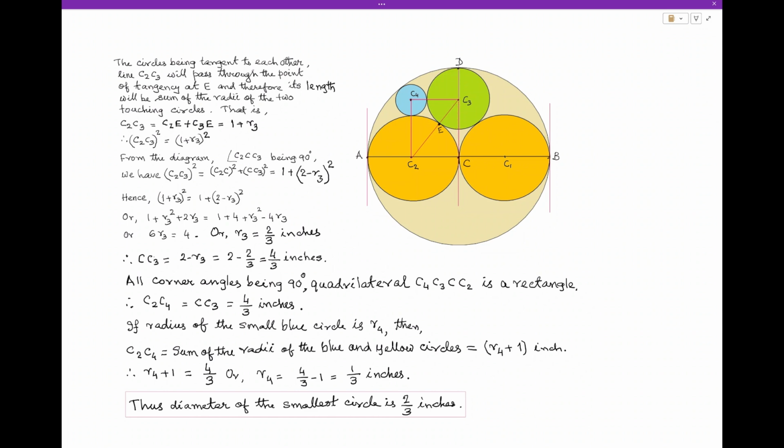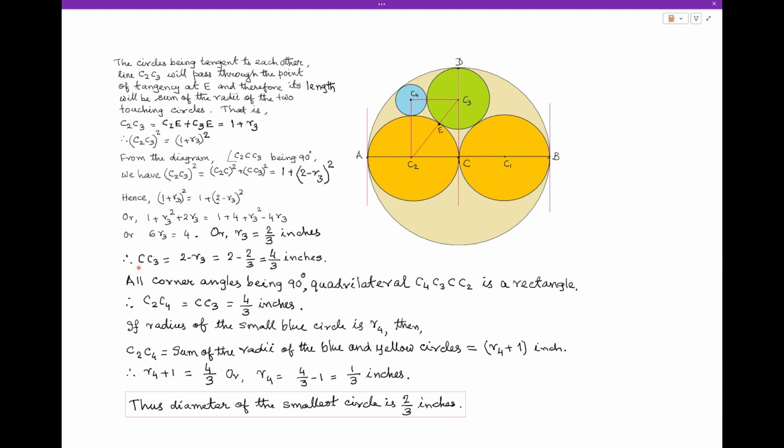So we get an equation: (1 plus R3) whole square is equal to 1 plus (2 minus R3) whole square, or 1 plus R3 square plus 2R3 is equal to 1 plus 4 plus R3 square minus 4R3. Rearranging terms, we get 6R3 is equal to 4, or R3 is equal to 2 by 3 inches.